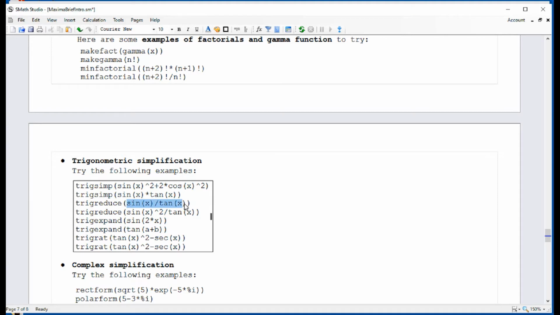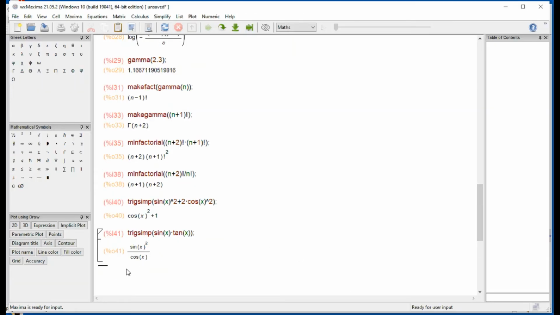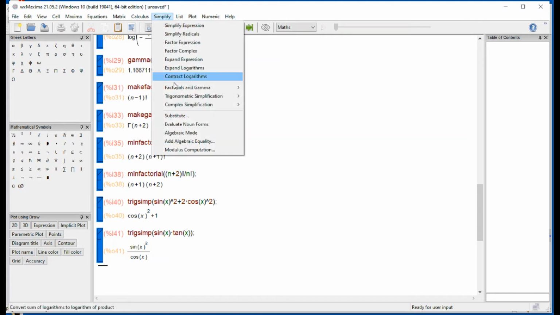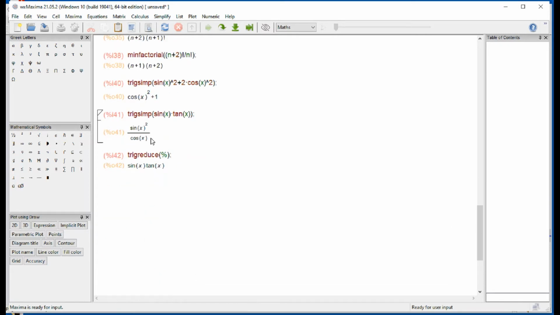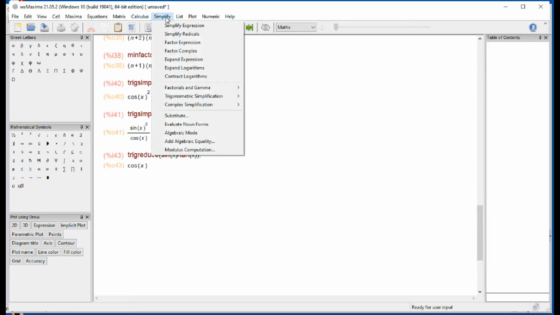Sine of x over tangent of x, Control C, go here, go to simplify, go to trigonometric simplification, reduce trigonometric, and actually reduce this back to this thing, but that's not the one I want to simplify. Is this one. Shift enter. Sine of x over tan of x is equal to cosine of x. So some of these things are things that you remember very well. You probably don't need Maxima to do it for you, but it's available.